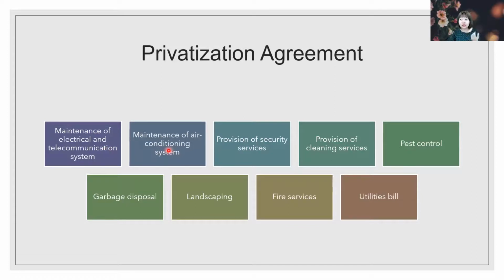Maintenance of the air conditioning system. Even wiring kamu for electrical parts, takkanlah maintenance company akan datang buat untuk kamu. Yang luar yes, but inside your house, no. For the air conditioning system, if it is centralized, yes, but if it's a private unit yang dalam rumah kamu, then it's your own agreement dengan kontraktor kamu.